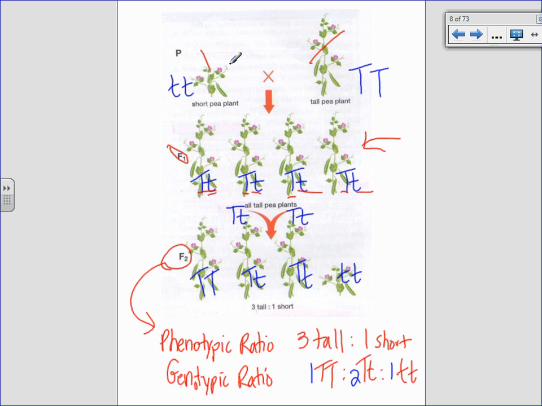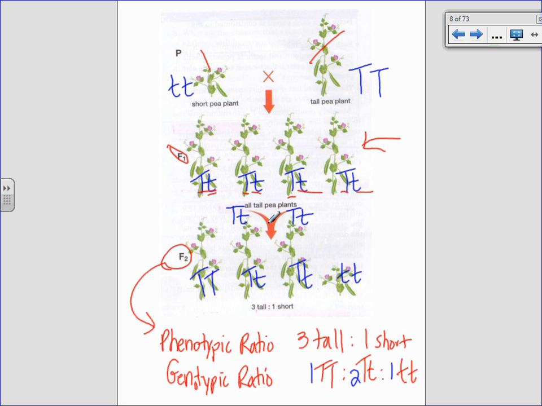In Mendel's time, he didn't know what genes were. He didn't know what meiosis was. He didn't really know much about DNA. So he called these things factors, and he gave them letters. We know them to be the actual genes or versions of genes from the mom and the dad.